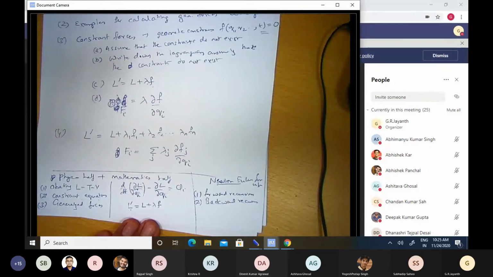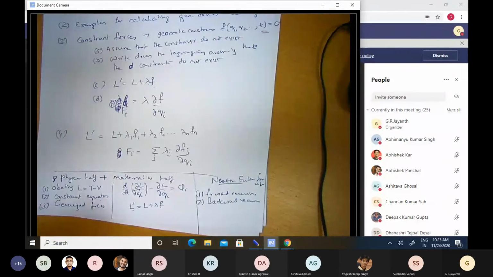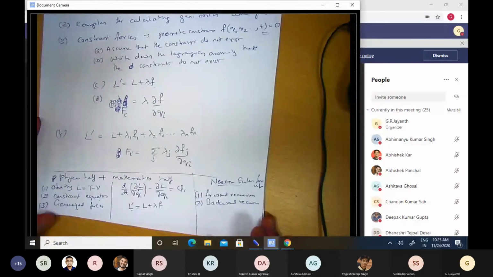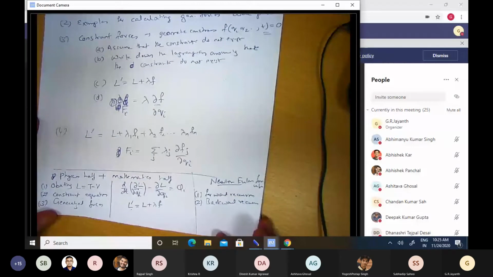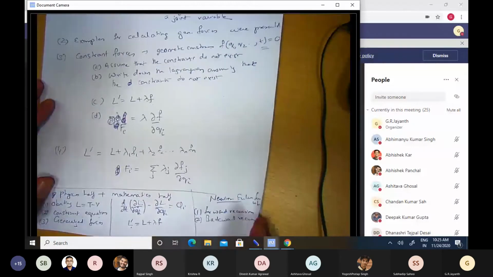Okay, so this, on the other hand, gives us that flexibility. It allows us to directly obtain the equations of motion.